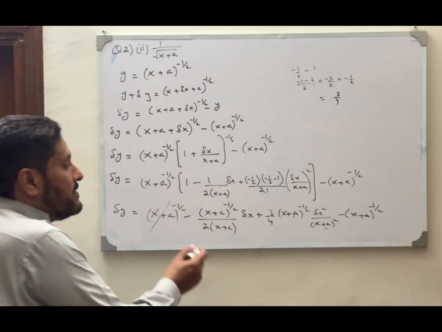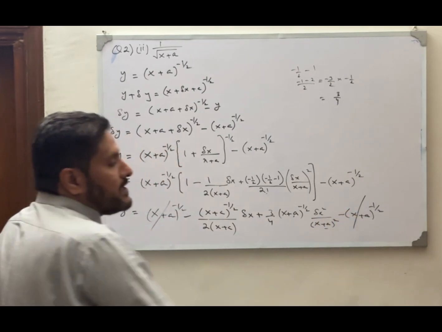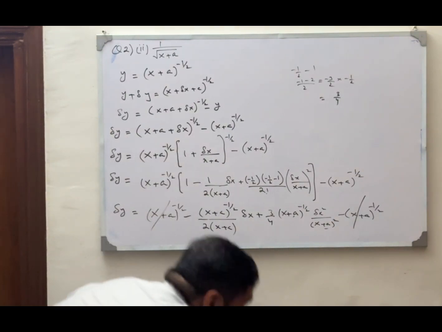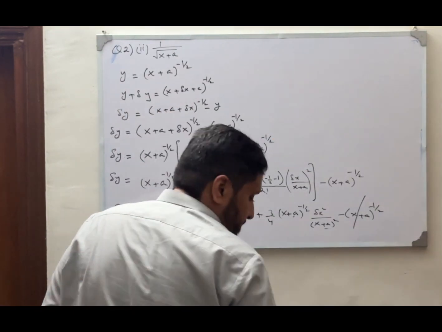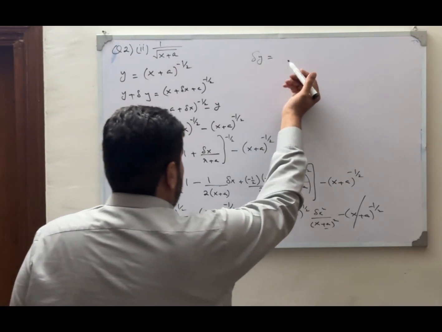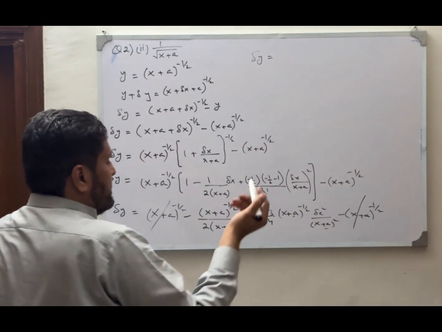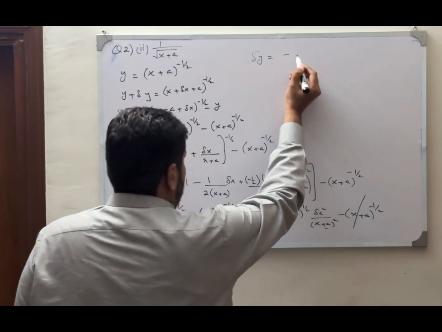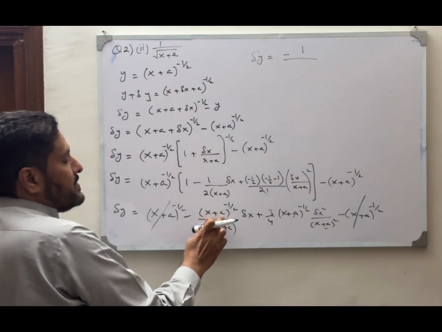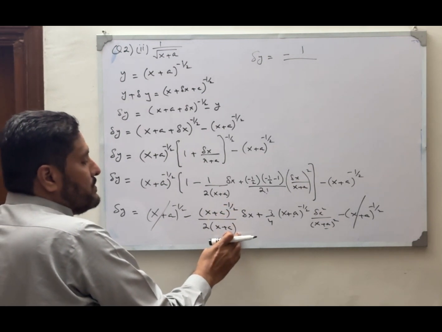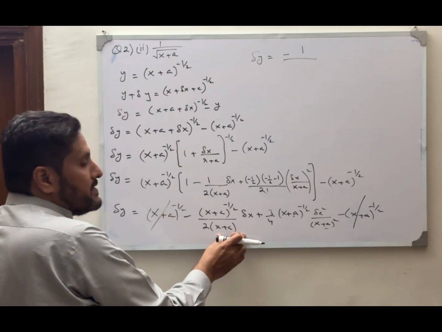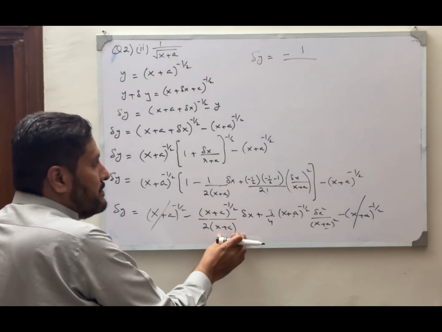So this (x + a) power minus 1 by 2 and minus (x + a) power minus 1 by 2, they are cancelled with each other. So the remaining terms we have, our delta y, that is equivalent to, we write it as minus 1 over, for this term I am taking (x + a) power 1 by 2 into the denominator to make it positive, and adding the same terms, they have the same base and the powers will be added with each other.